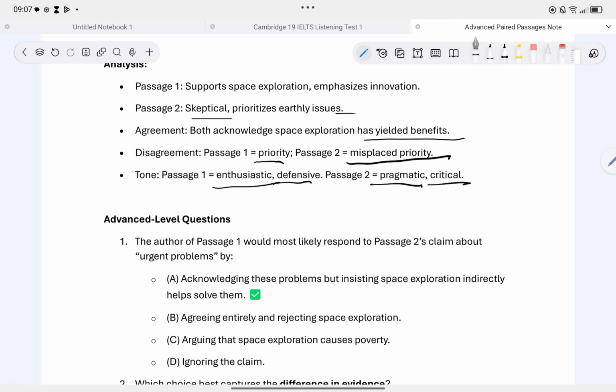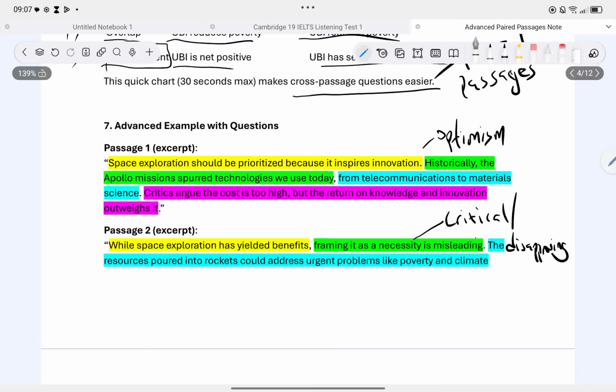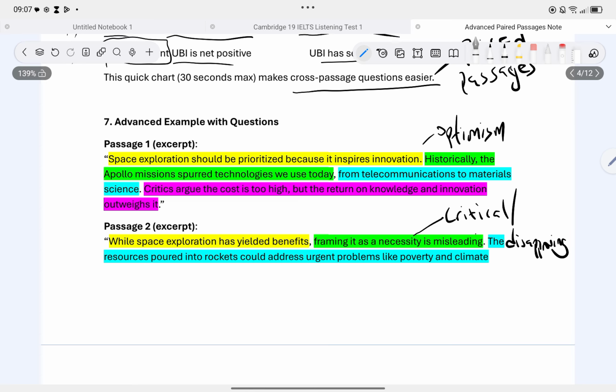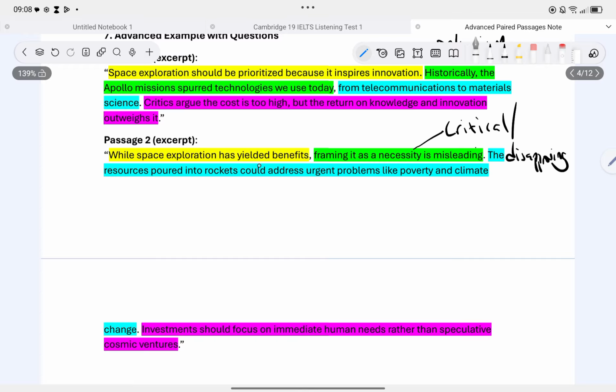Now, questions. This is questions for what we just read. Let's read it again. Space exploration should be prioritized because it inspires innovation. Historically, the Apollo missions spurred technologies we use today, from telecommunications to material science. Critics argue that the cost is too high, but the return on knowledge and innovation outweighs it. Now, passage 2, while space exploration has yielded benefits, framing it as a necessity is misleading.